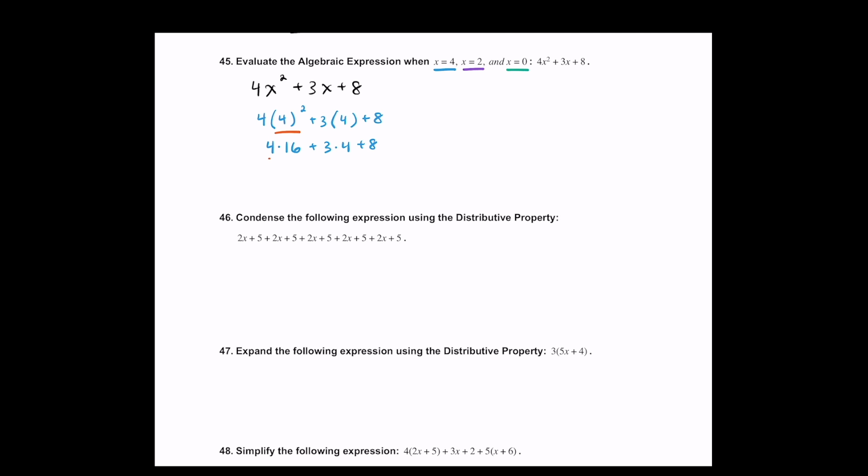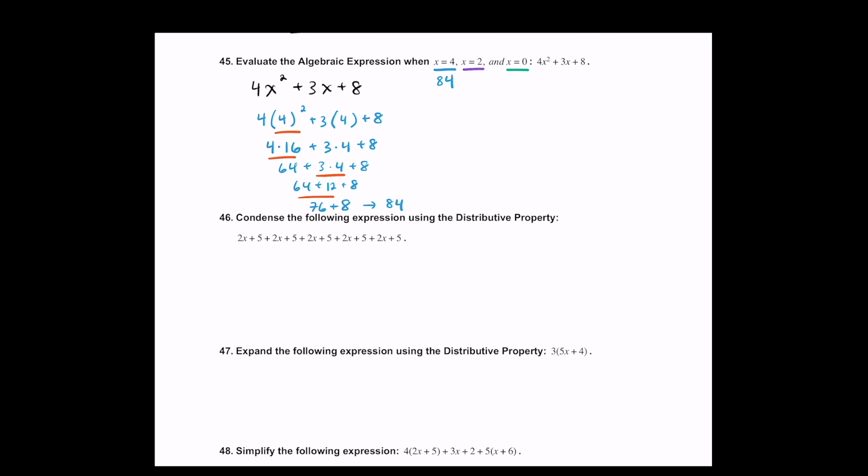We have multiplication, and the left one goes first. 4 times 16 is 64, plus 3 times 4 plus 8. 3 times 4 is 12, so we'll have 64 plus 12 plus 8. 64 plus 12 is 76, so we'll have 76 plus 8. And 76 plus 8 is 84. So we just found that when x is equal to 4, the expression is equal to 84.